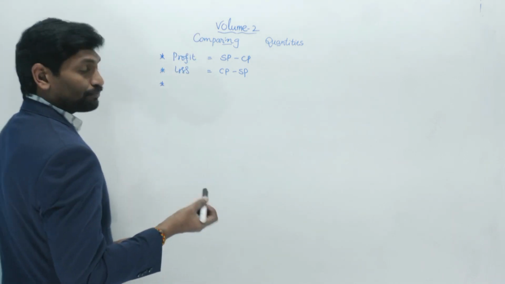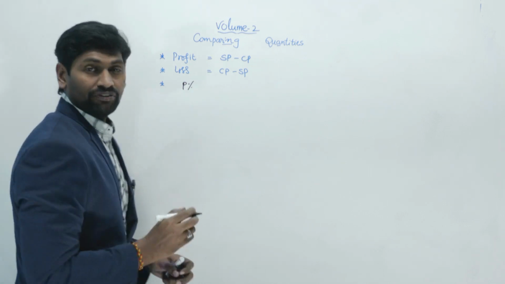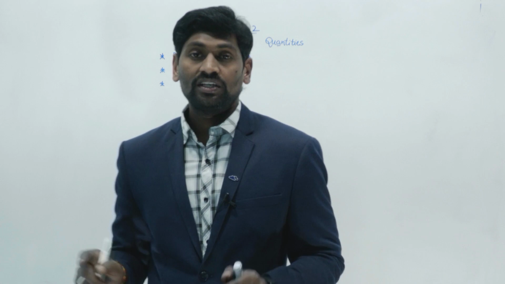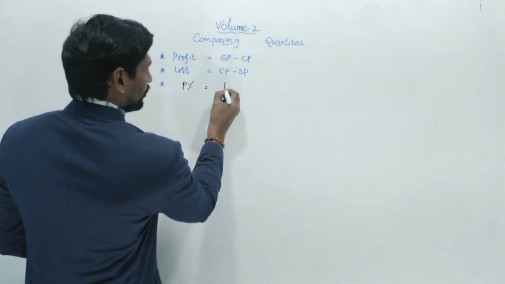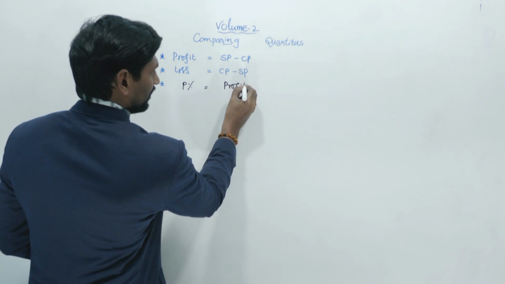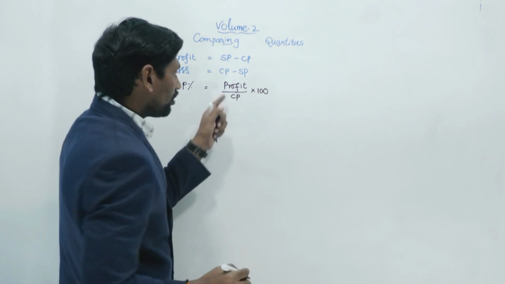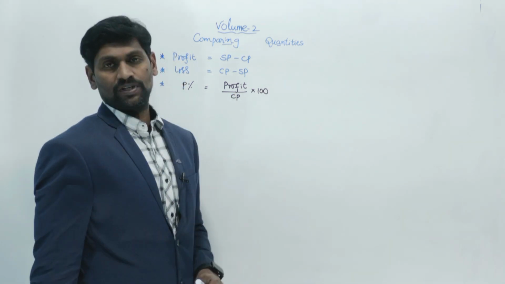And the next one, profit percentage. Profit or gain, both are the same. Profit percentage or gain percentage equals profit by CP into 100, because profit depends on cost price. That's why I compare it with the cost price.